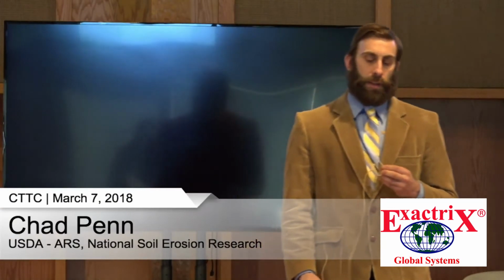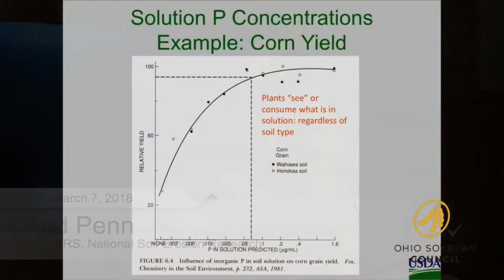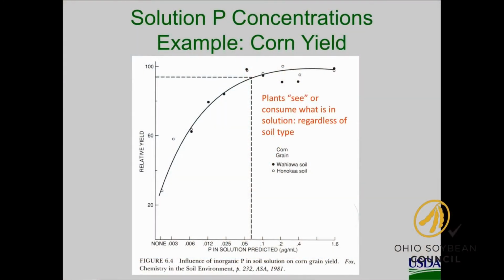And it's that concentration of phosphorus in solution that is ultimately what controls plant uptake of phosphorus and yield, with regard to phosphorus at least. So this is an example of some corn yield data as a function of phosphorus concentration in solution. The thing about this is that it's universal. It doesn't matter what your soil type is.